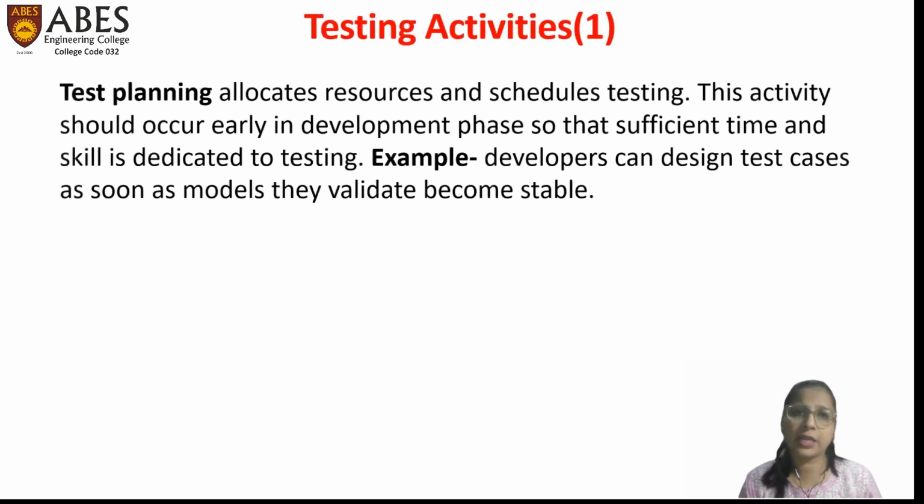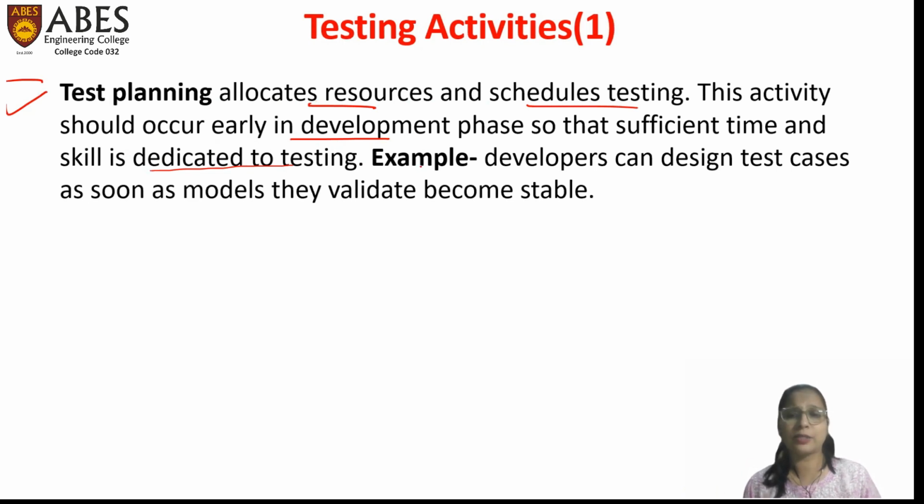So the testing activity, you can say, is the test planning. Allocating resources and schedules should occur early in the development phase, so that sufficient time and skill is dedicated to this. If proper planning is done, that means the next few phases will be easier, without any hassle or complication that might occur.